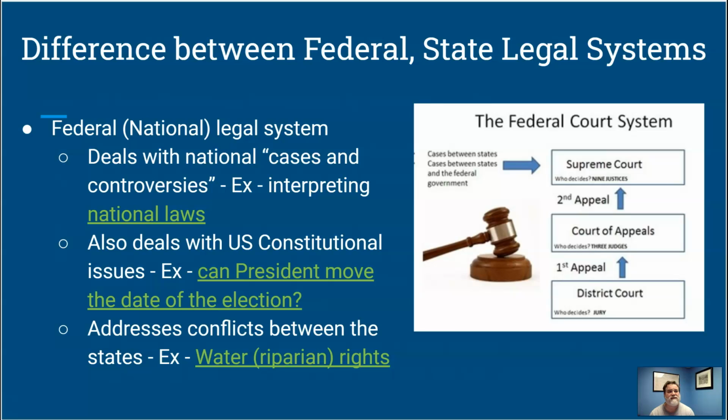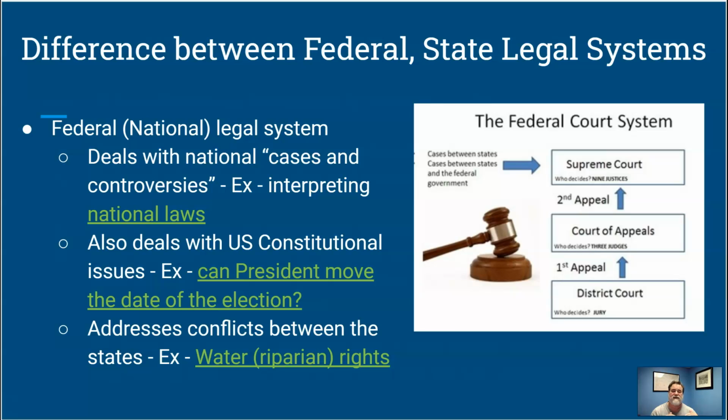President Trump recently posed, at least on Twitter, whether or not he could move the date of the election. And the answer to that question is clear. The U.S. Constitution, as amended by the 20th Amendment, dictates when the election is going to be.